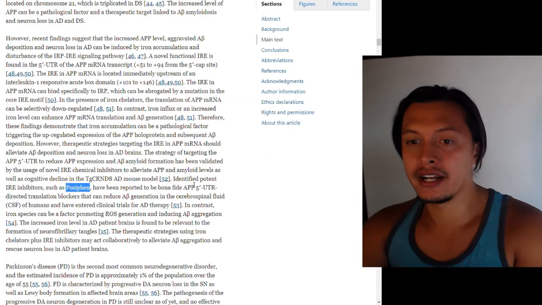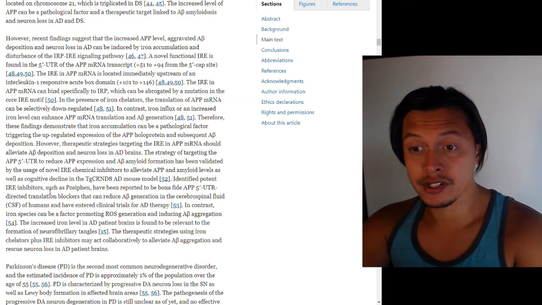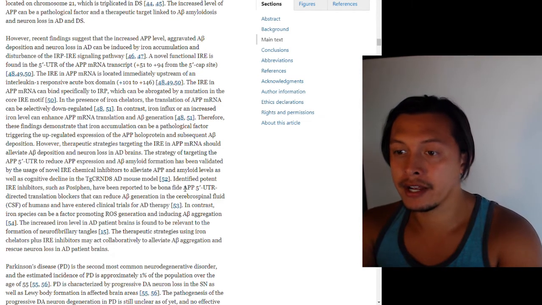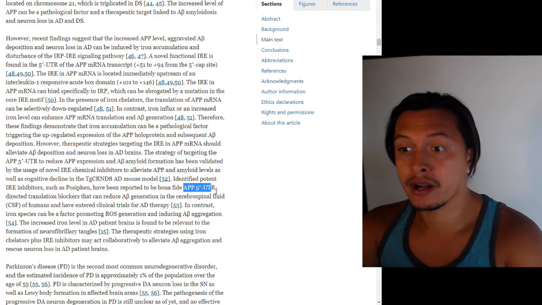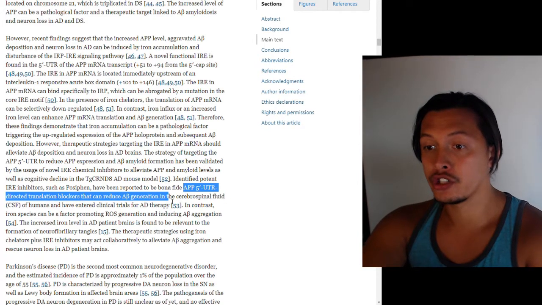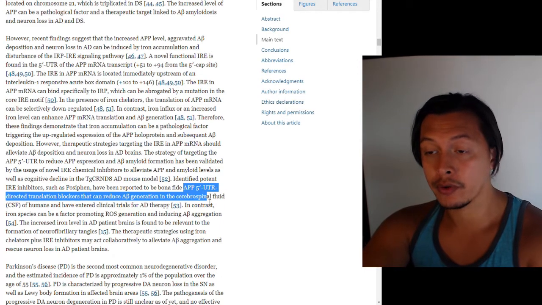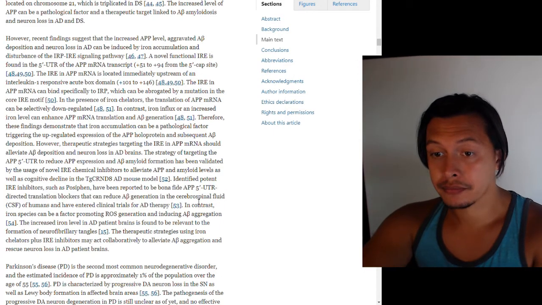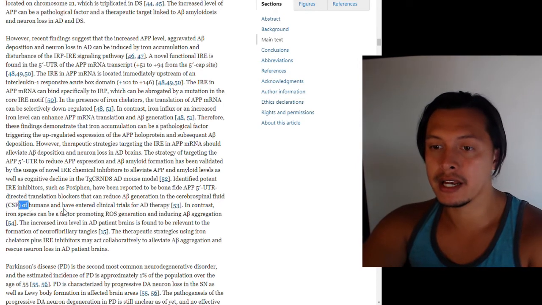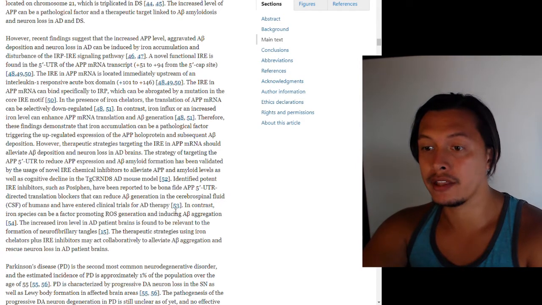Anyways, an identified potent IRE inhibitor such as Posifen has been reported to be a bona fide amyloid precursor protein 5' untranslated region directed translational blocker that can reduce amyloid beta generation in the cerebrospinal fluid. So that's great. And this is in the cerebrospinal fluid of humans, and have entered clinical trials for AD therapy.